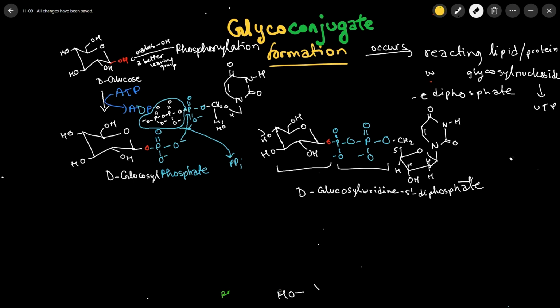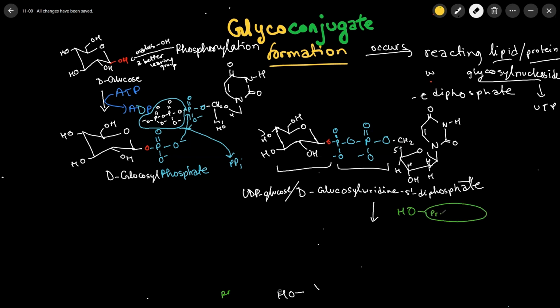As we have D-glucosyl in the beginning, and in the end we have a uridine base, and then we have a diphosphate in the 5' of the uridine. So here we have the D-glucosyl uridine 5' diphosphate, or we could just name it UDP glucose.